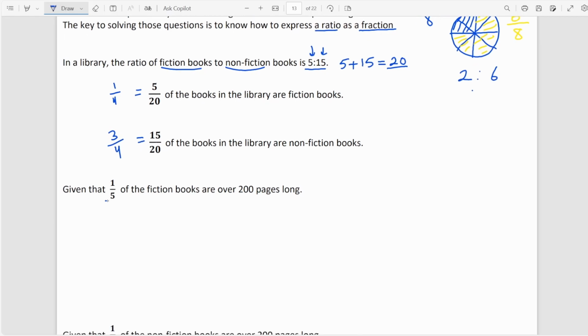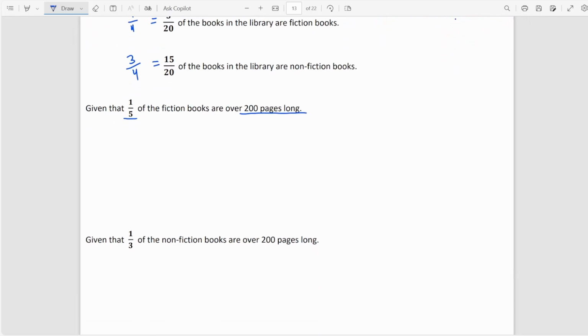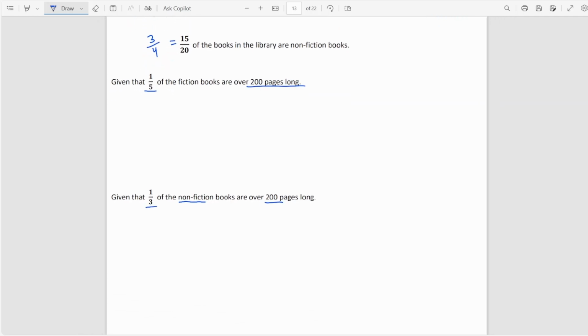Given that 1/5 of the fiction books are over 200 pages long, okay? So, and also we know that given that 1/3 of the non-fiction books are over 200 pages long, all right?